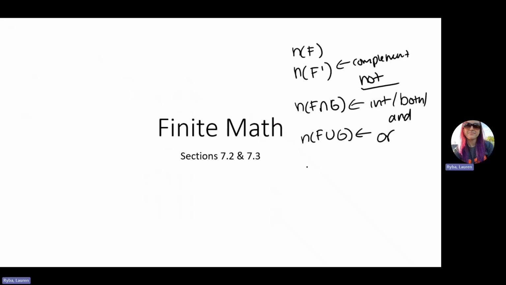And then the outside, we did F not intersect G not. That's the outside of the circles. You could also write that the number F union G not. So F union G is everything inside the circles. So not outside of that means everything outside of the circles. There's usually more than one way to write these different things. But that's kind of what I'm looking for.